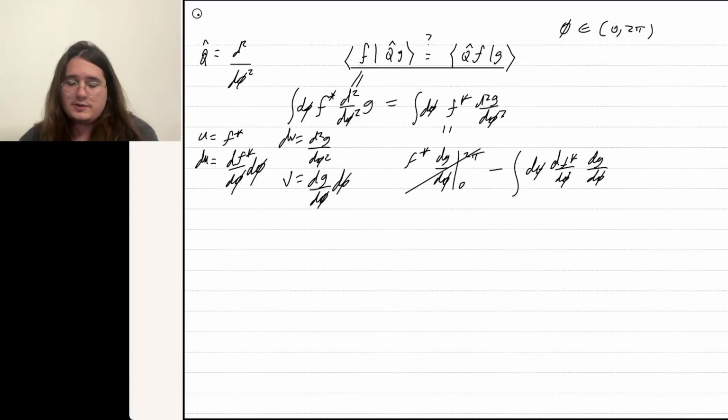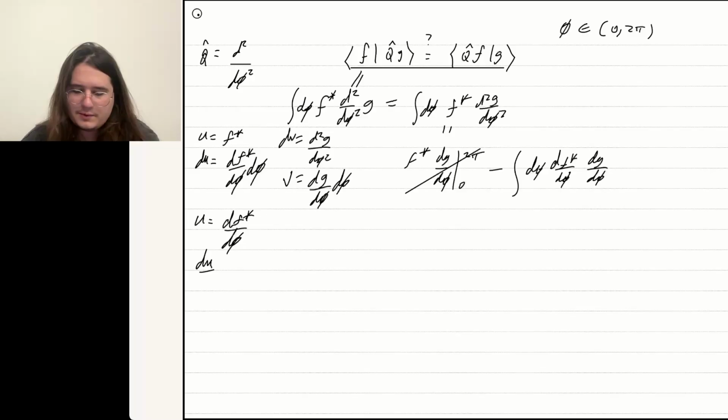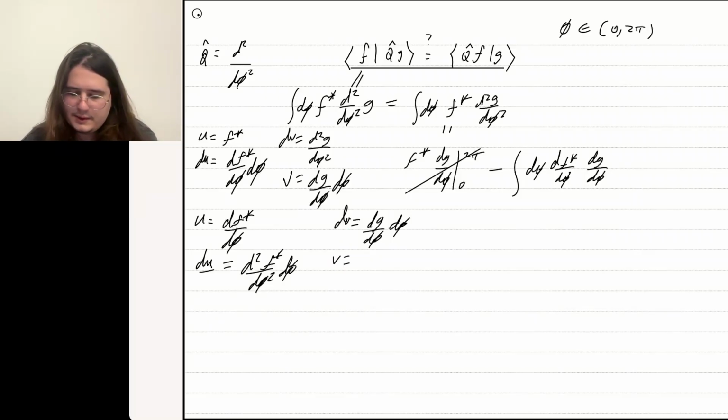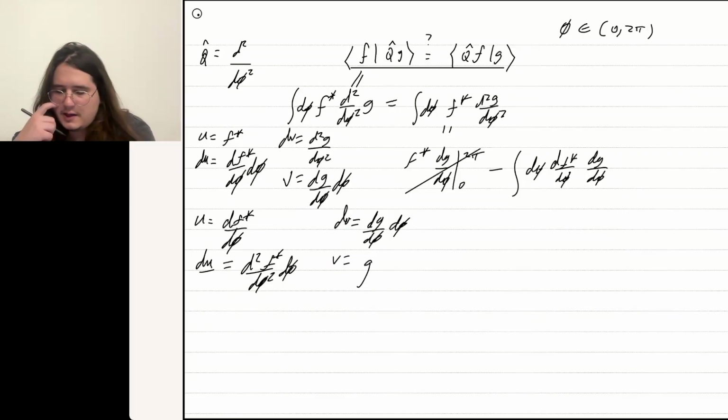Then we have to do integration by parts again. For the second integration by parts, we choose u equals df star d phi, and its derivative is d squared f star d phi squared. Then dv we choose to be dg d phi, and v is clearly just g.